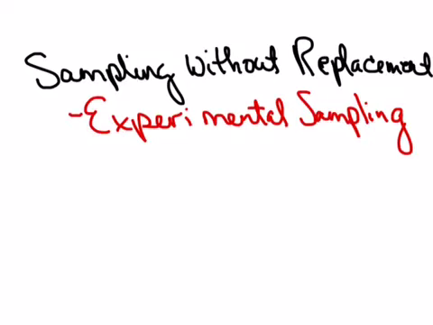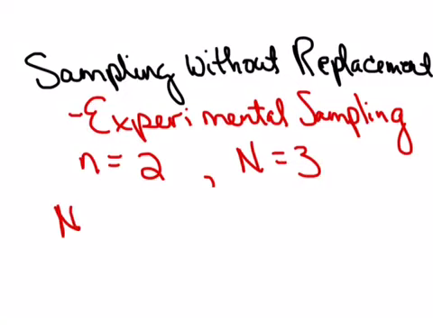So let's say we have the same information: we're going to take a sample of 2 from a population of 3. In this case, we're going to use this method, and it's kind of a tricky one. I'm going to write down the equation.